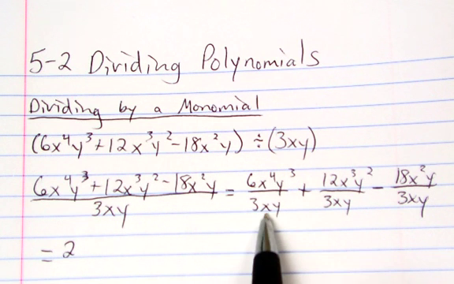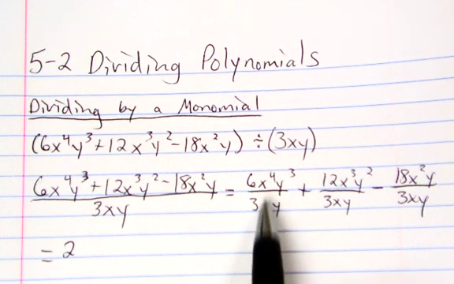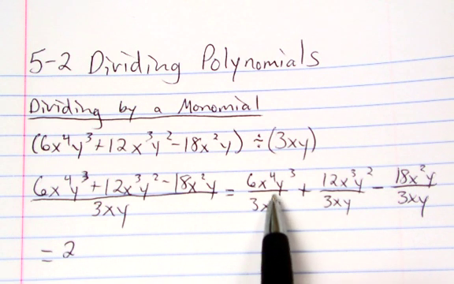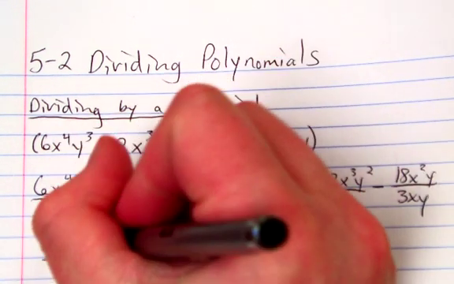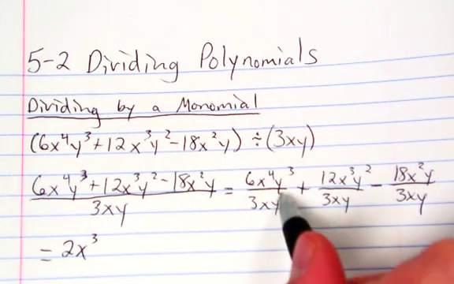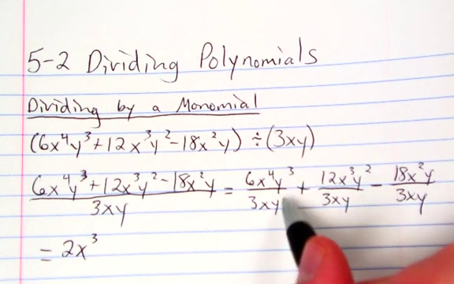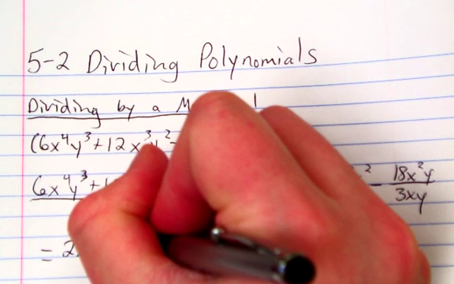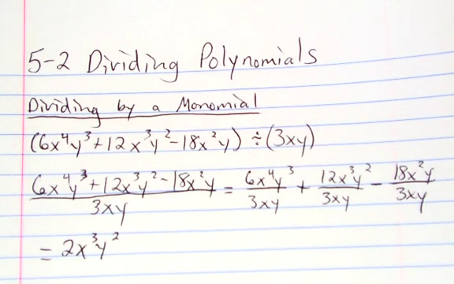X to the fourth over x, division of the same base means I subtract exponents. Since I cannot see an exponent on the x, that must be a 1. So 4 minus 1 gives me x to the third. Again, don't see an exponent, must be a 1, so 3 minus 1 is 2, so y squared. That's the first term.